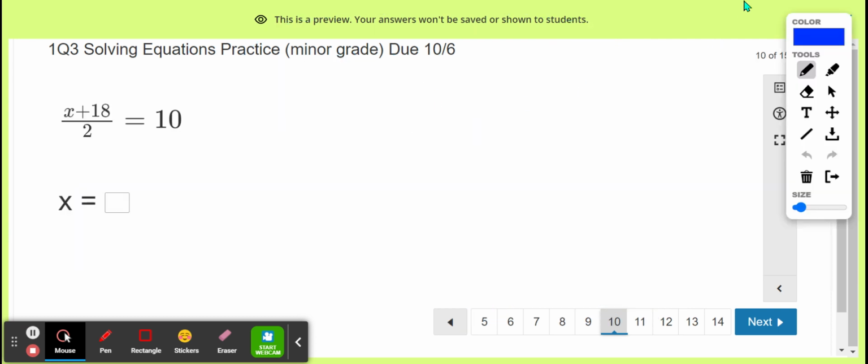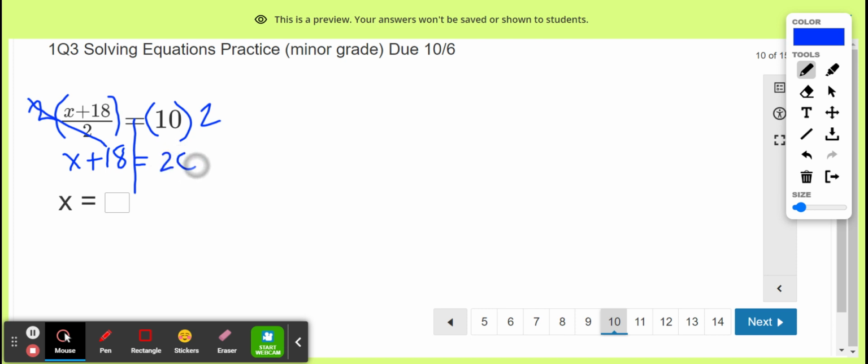For problem number 10, we need to clear the fraction first. So x plus 18 is divided by 2. So we are going to multiply both sides by 2 in order to clear it. Multiply by 2, divide by 2. So we got x plus 18 equals 20.